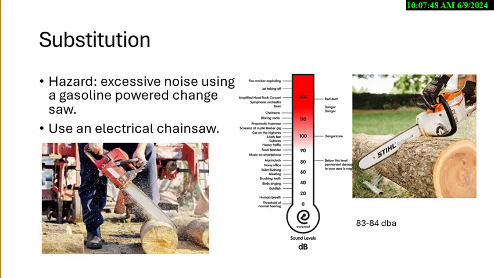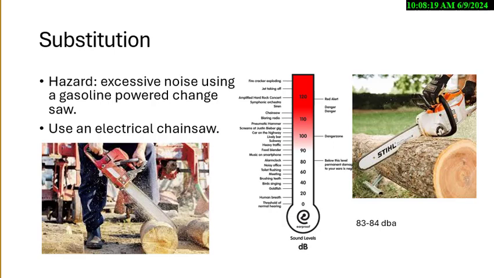A lot of people would say, well, substitution could be elimination, and this is where it gets very tough. If we had excessive noise using a gasoline-powered chainsaw, like on the left, when you look at the little noise chart, it's 110 plus decibels. By OSHA's rules, you can have no more than 115, and 110 means you get less than an hour of exposure, probably like 30 minutes at most.